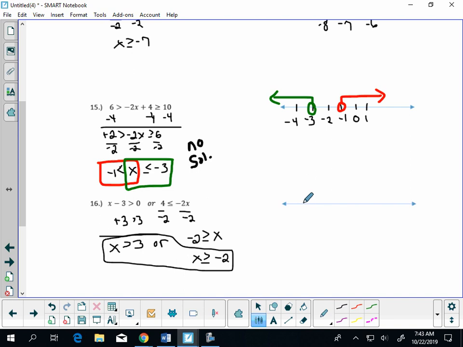And this one is kind of a special case as well. Because if I graphed x is greater than 3, it's going to look like that. x is greater than or equal to -2.